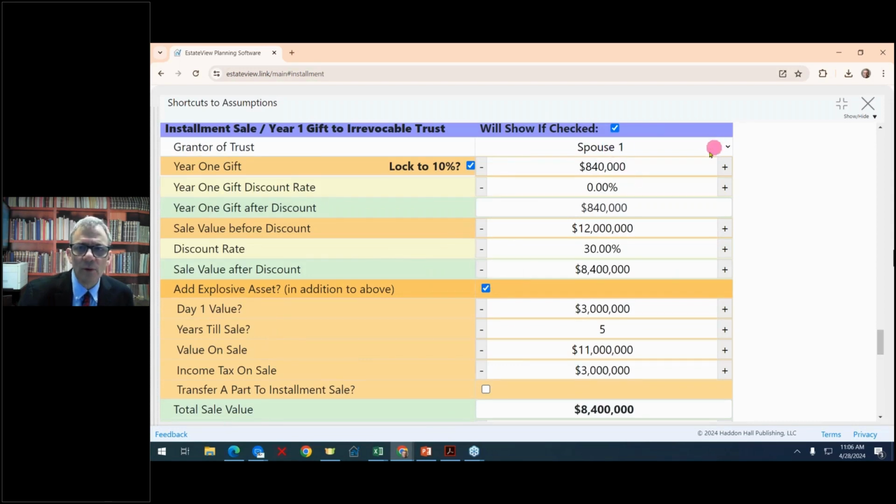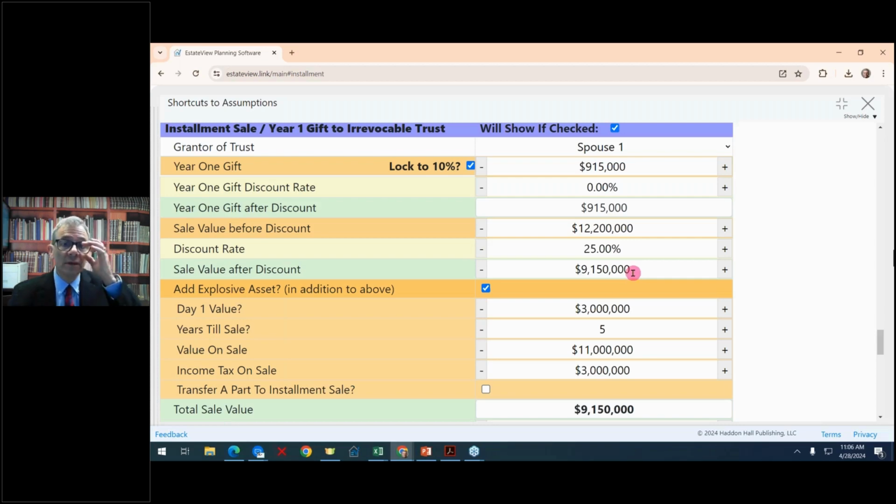And we have only one spouse here, and let's say that he intends to put $12 million into an LLC, take a 25% discount. Let's make it 12,200,000 goes into an LLC. He takes a 25% discount. 99% non-voting member interest in that LLC is worth about $9,150,000.